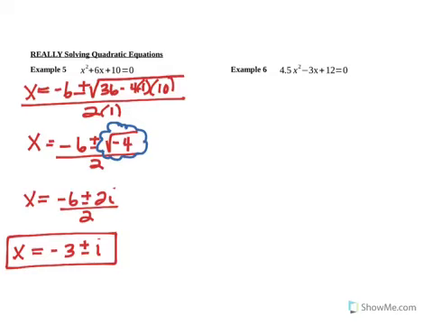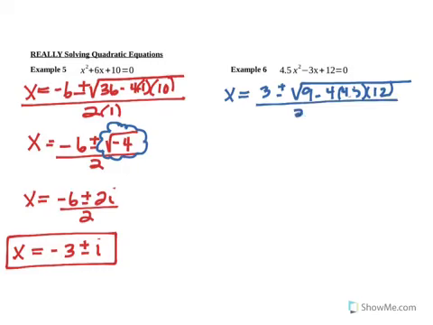Alright, let's take a look at example number 4. Opposite of b, plus or minus the square root of b squared minus 4 times a times c, all over 2a.